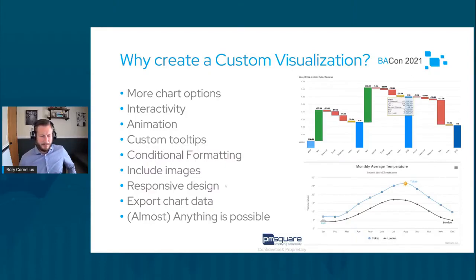They don't get bigger or smaller based on the size of your screen. But with custom visualization, responsive design is just assumed at this point. Any new charting technology is going to include that. Basically, anything is possible. It just depends on the time and effort you want to put into coding, but you can make it behave or look however you would like.